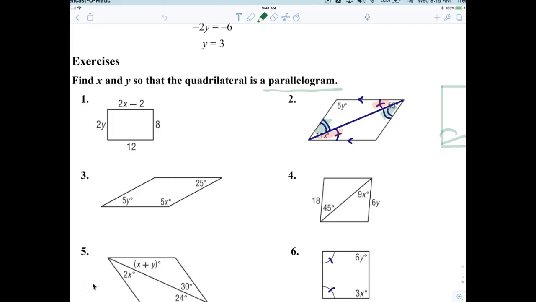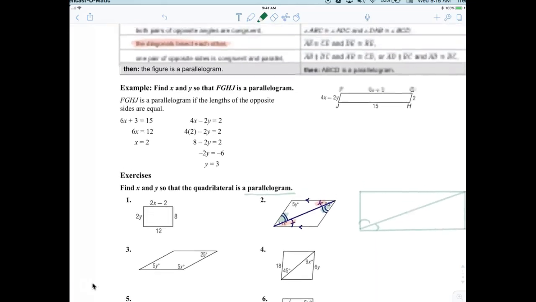A parallelogram is a special quadrilateral. What distinguishes a parallelogram from a quadrilateral? It's the fact that the opposite sides are always what? Parallel. And when you draw a quadrilateral in which the opposite sides are parallel, it creates a bunch of things that you should know.